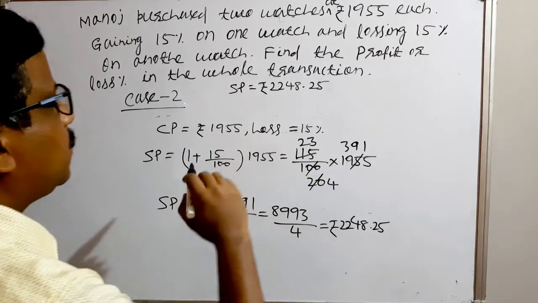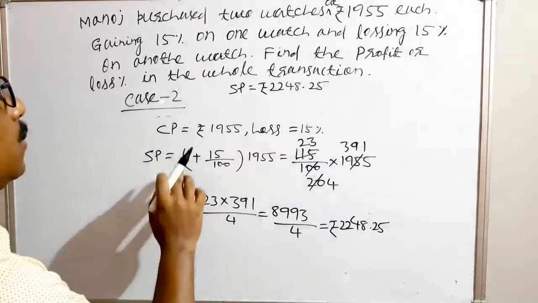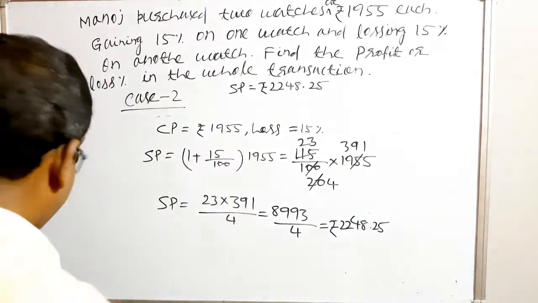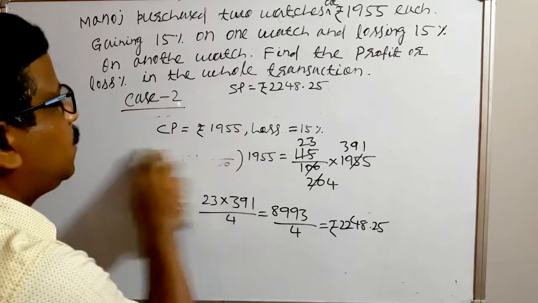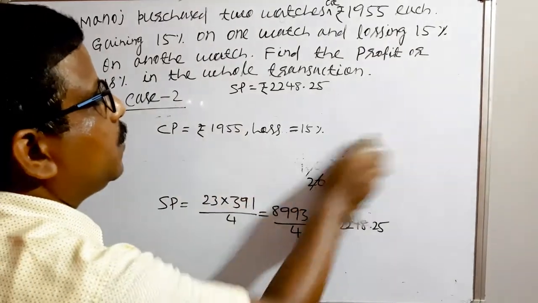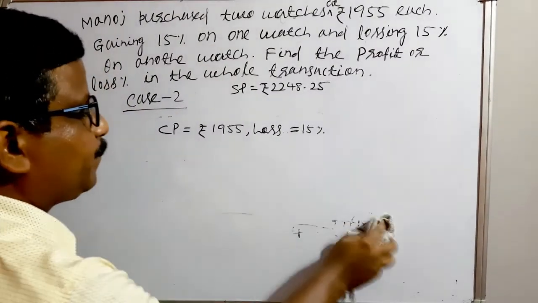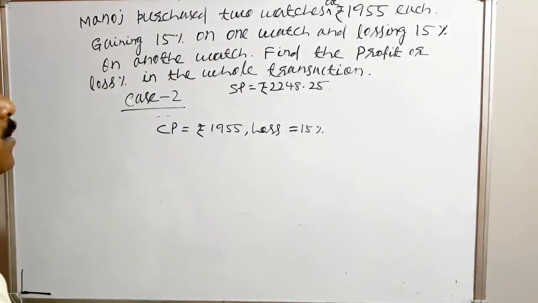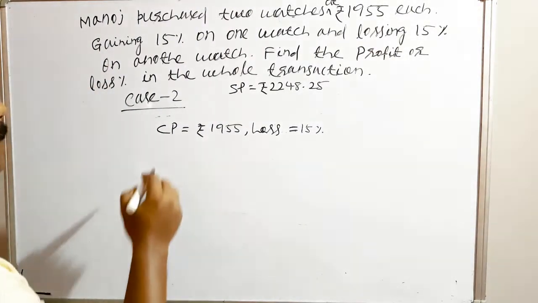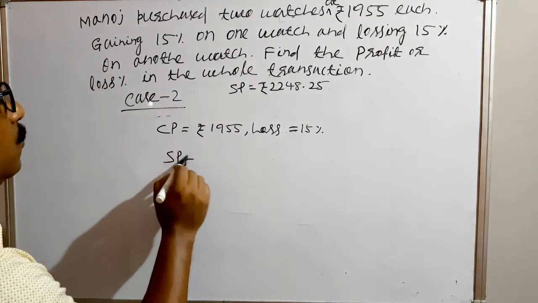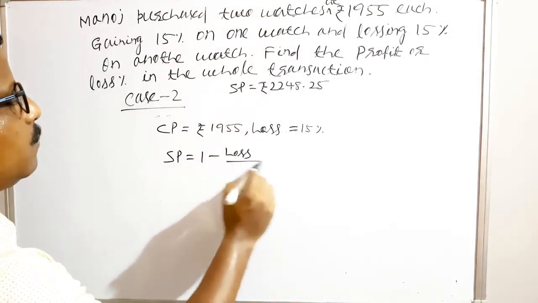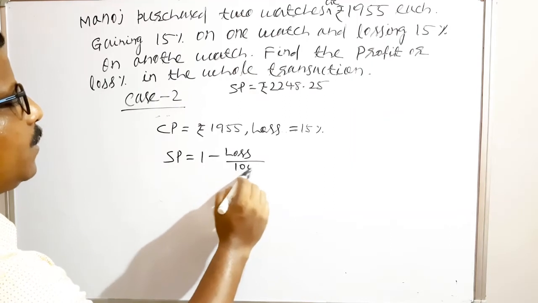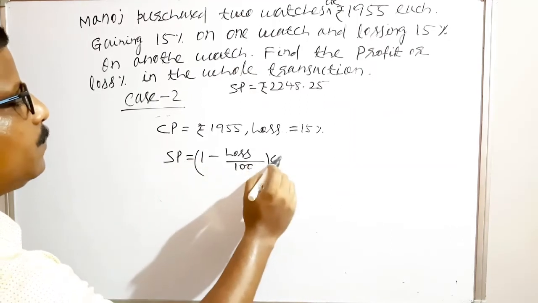So the formula will be SP is equal to 1 minus loss by 100 into CP.